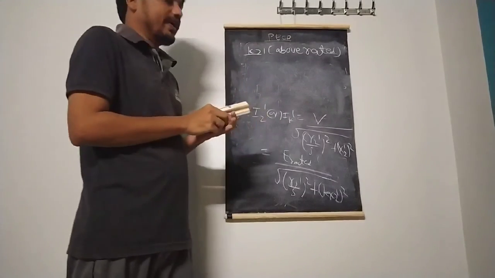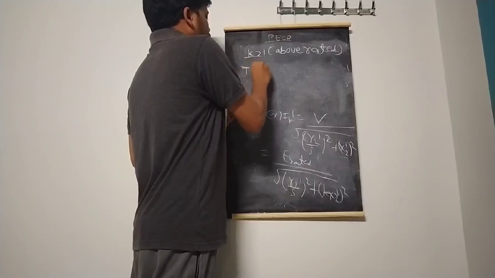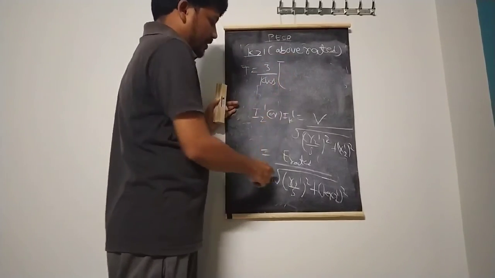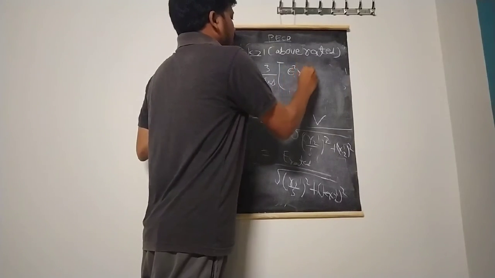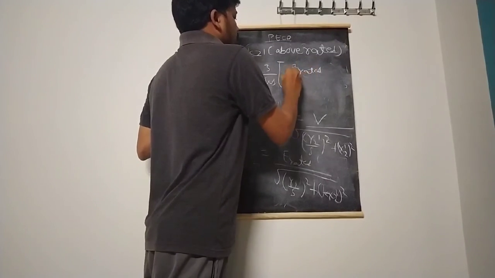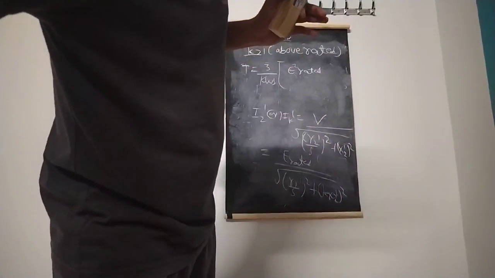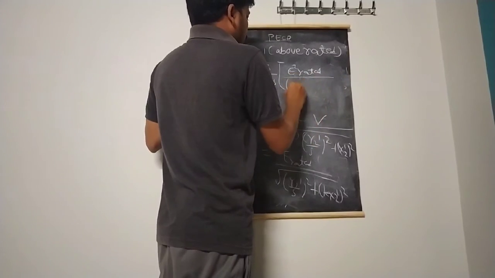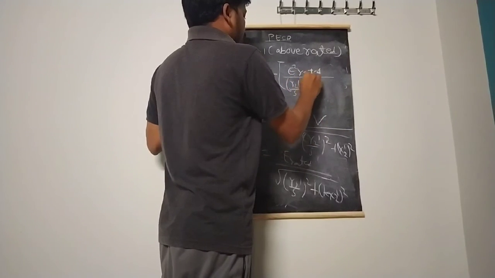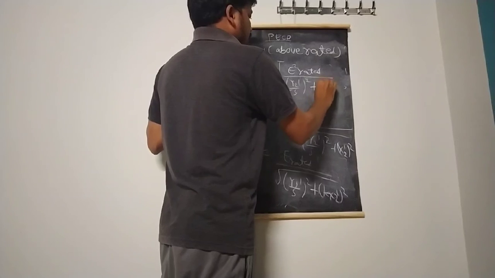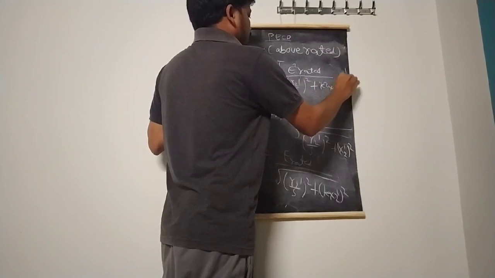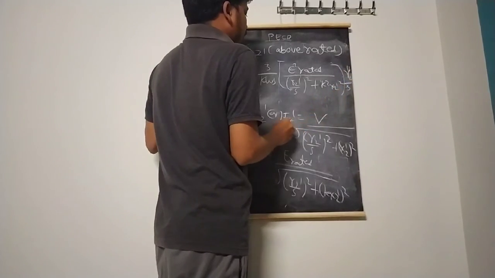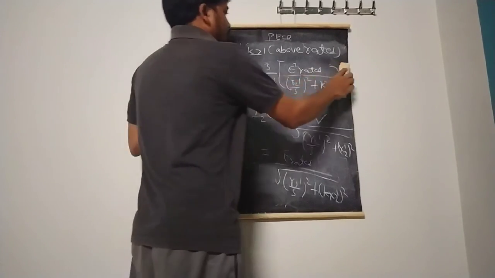T is equal to Pm by omega s. Then torque is equal to 3 by omega s into IR dash whole square, that is E square rated by (R2 dash by S) whole square plus K square into X2 dash square, into R2 dash by S. Is it clear all?